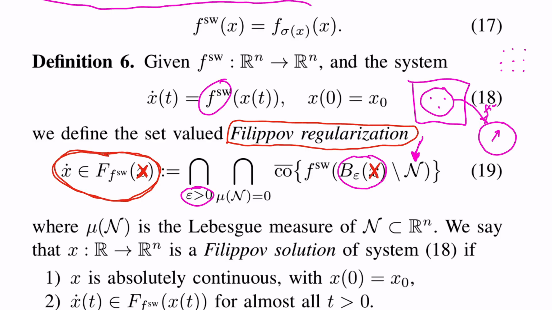That's it, which is something we would call a vector field. That's it.